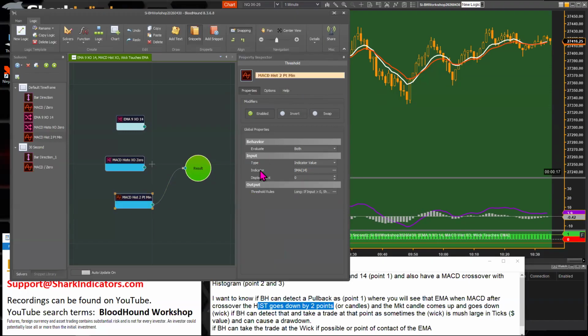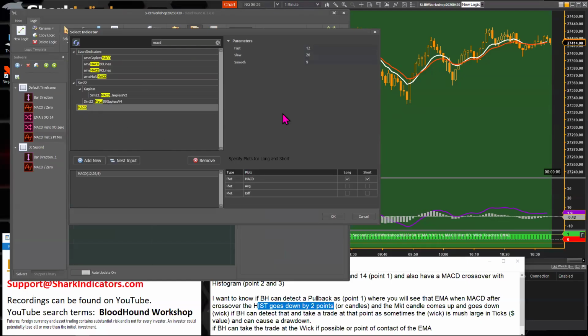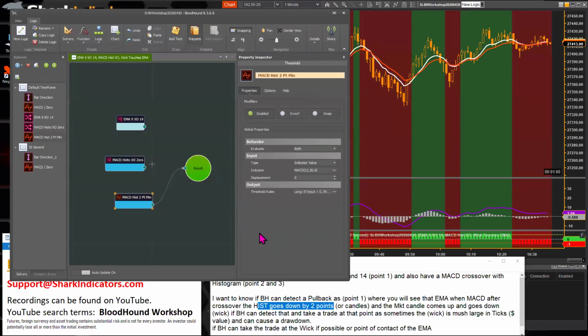All right, so let's plug in our MACD. There we go, and select the difference plot like so. Now we need to go in. Essentially, all this threshold solver is identifying is whether the MACD is above 0 or below 0.